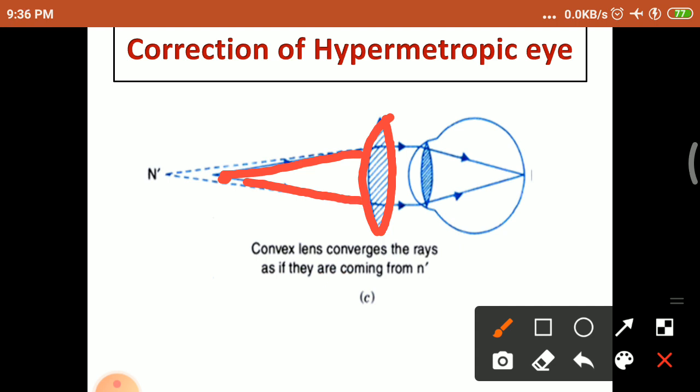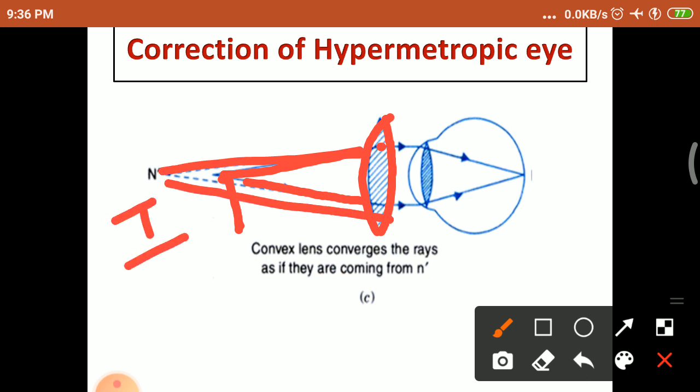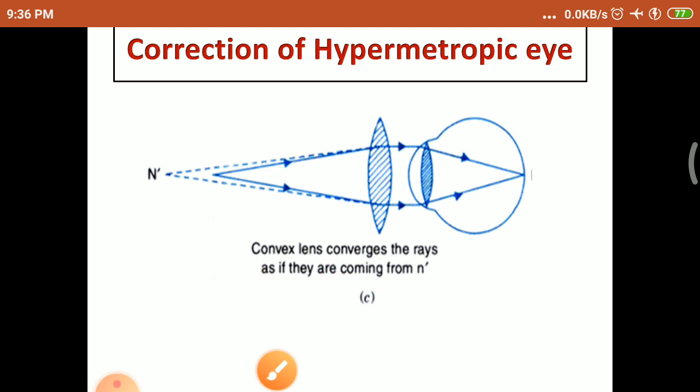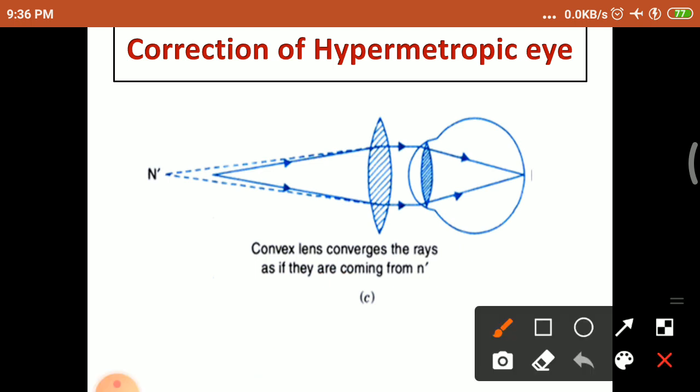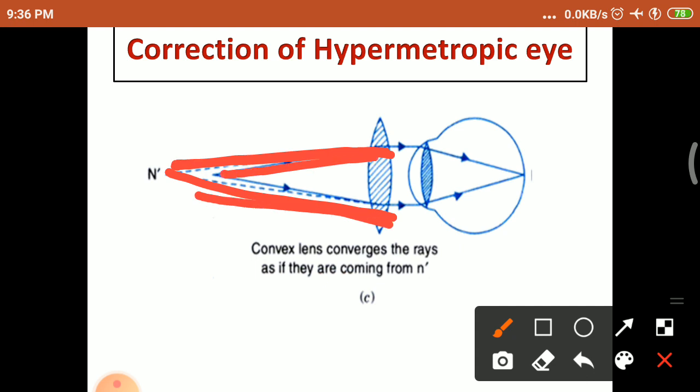When the object is placed at focus, the image is formed at infinity. So this is the image. Again these image rays travel into the crystalline lens and the image is formed at the retina. In this diagram, the dotted lines are drawn here and the continuous lines are drawn here.